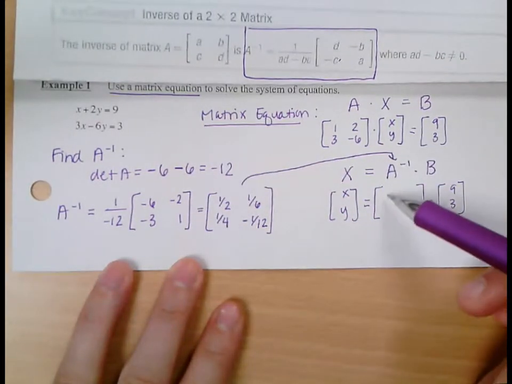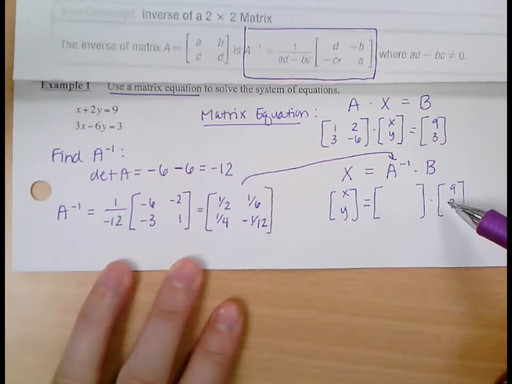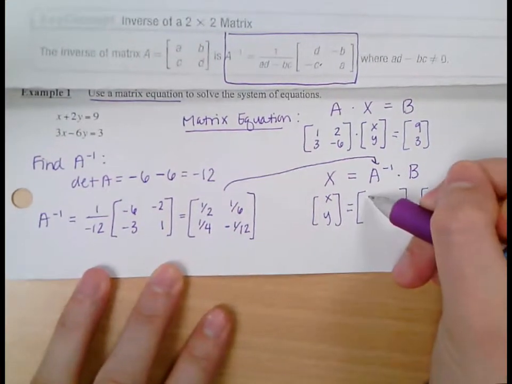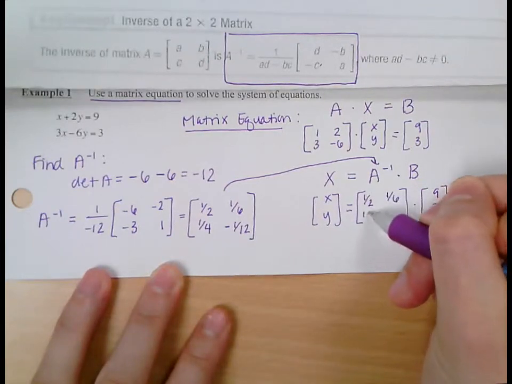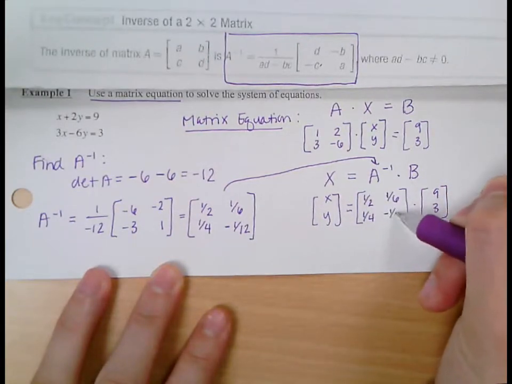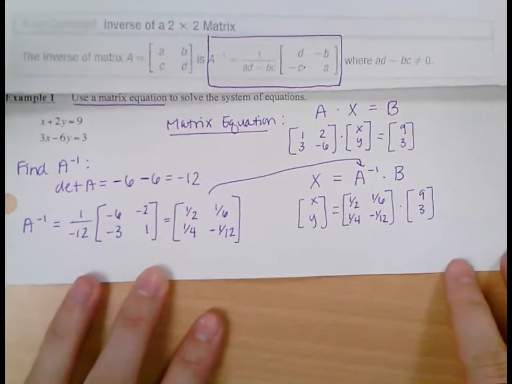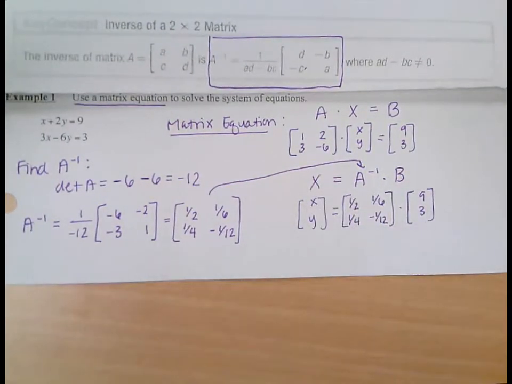So that's the matrix that goes here and gets multiplied by matrix B. So I'm just going to fill in what we got for our inverse matrix. And then we can go ahead and multiply.